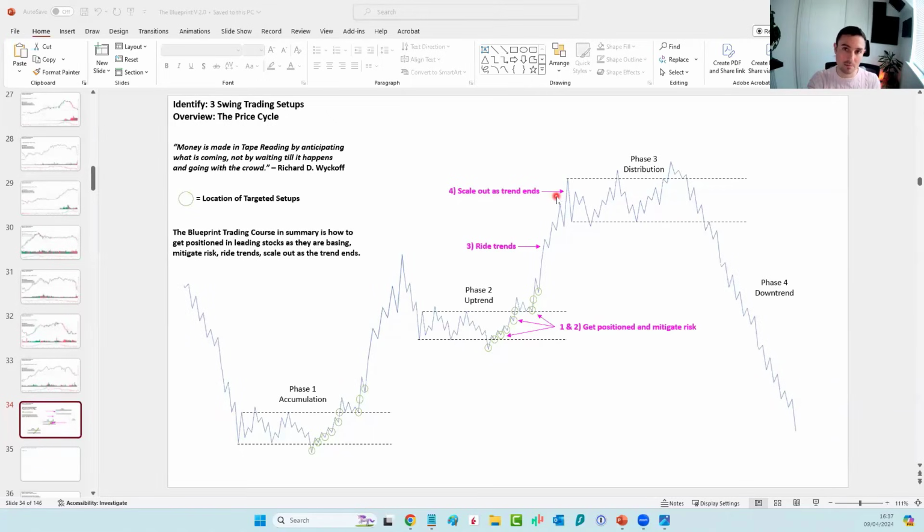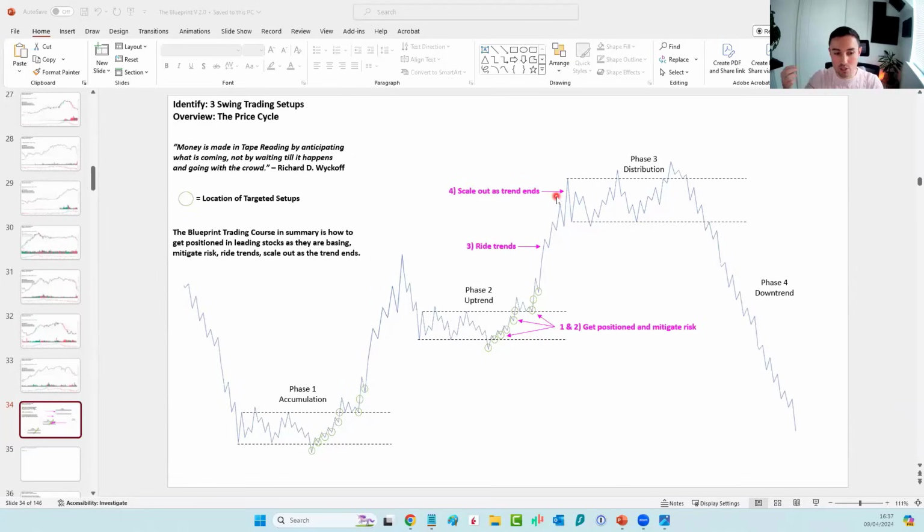It's really that simple. If large operators, and I'm talking the really big boys in the market, continue to accumulate and distribute positions, remember, because of the size that they are trading, it takes time. If Fidelity wants to buy a mega position in a stock, they can't do it in a single day without pushing the price up a couple hundred percent. So it takes time for them to do that.